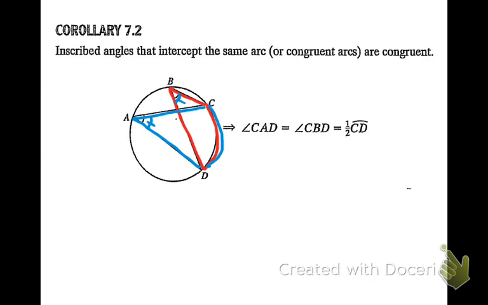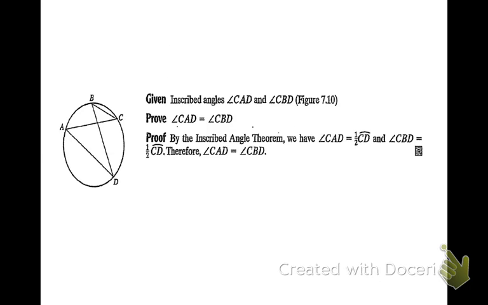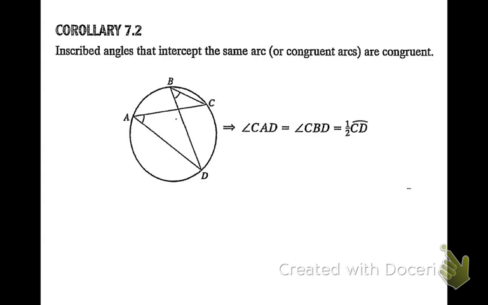Okay, now the common misconception on this is, people think that this angle, we've got to go back, they will say this angle and this angle are the same. We don't know that. It's not.